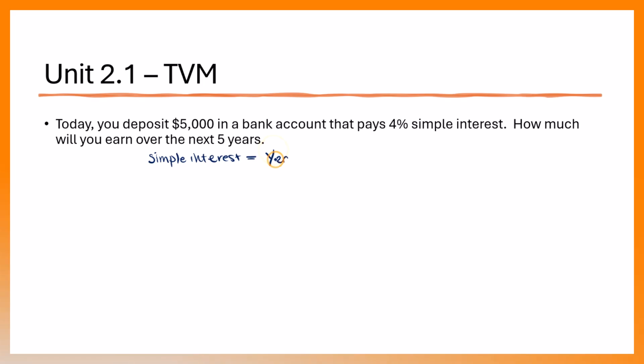We simply take the years times the rate times the original deposit or present value. We can see that we have 5 years times 4% times $5,000. In this particular example, the interest is not allowed to accrue upon itself, so there is no interest earned on the interest.